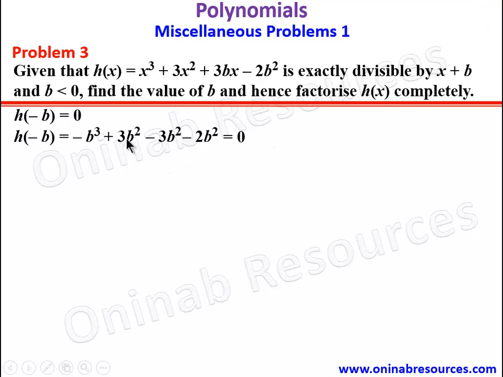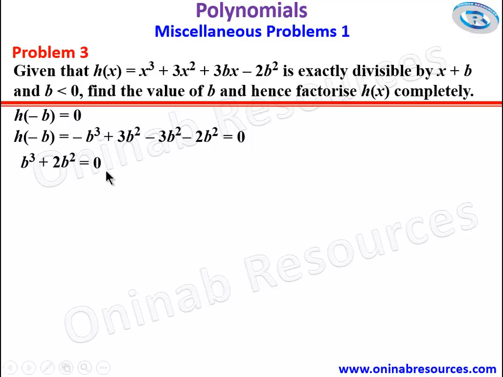And if you look at this, 3b squared minus 3b squared, the middle terms here are gone. We are now left with minus b cubed minus 2b squared is equal to 0, and the negative signs can be removed if you divide through by negative 1.